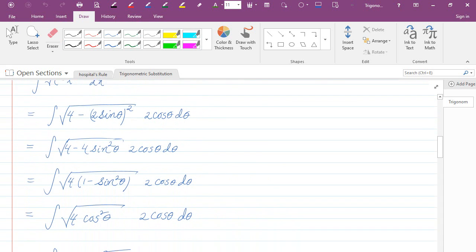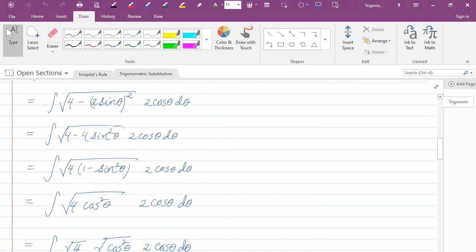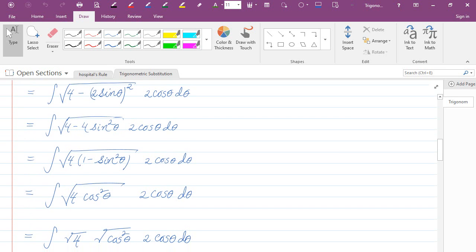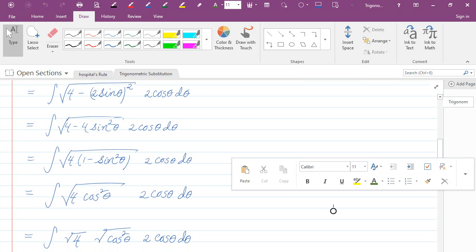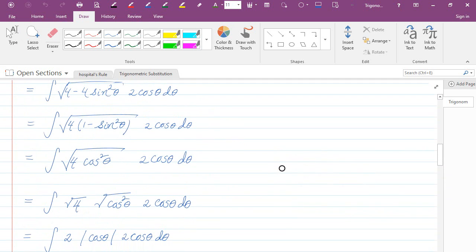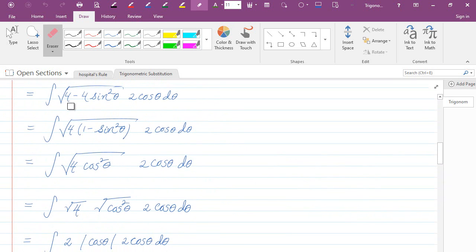The next thing we want to do is simplify this. 2 sine theta squared is 4 sine squared of theta, and then we factor out the 4. If we factor out the 4 here, we get 4 times 1 minus sine squared of theta.